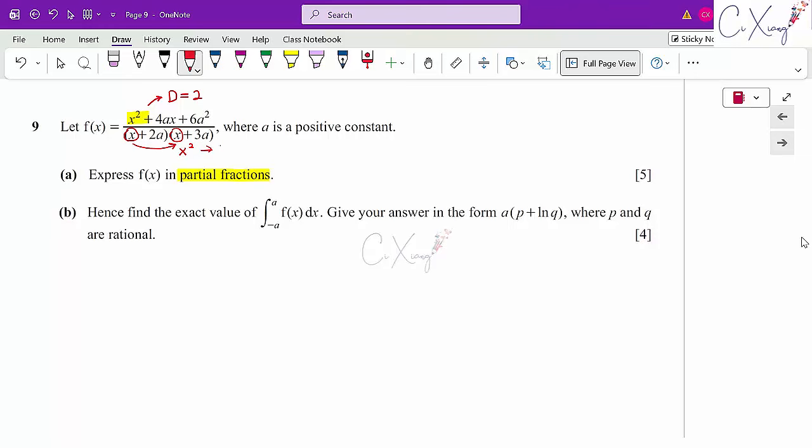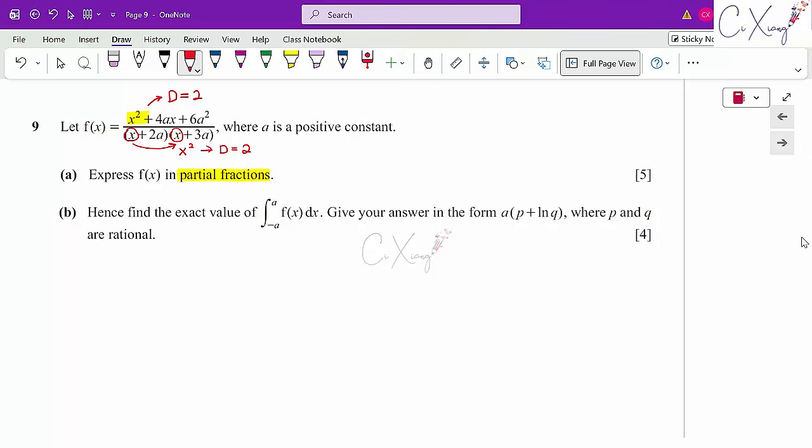This also tells you that the degree for the denominator is 2. And when you are having the same power of the numerator as the denominator, or a higher power in the numerator than the denominator, then basically it is an improper fraction.